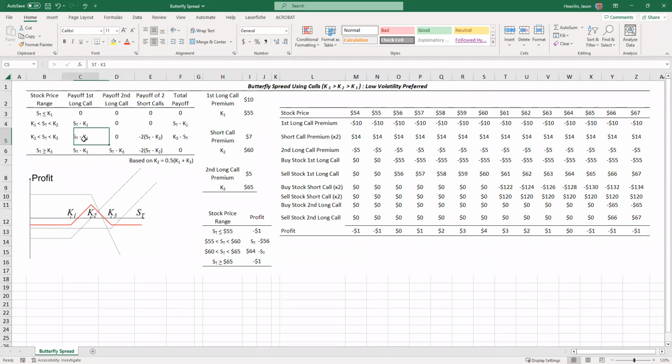Then we're left with negative K1 plus twice the K2. But when you net it out, you can summarize it as K3 minus the stock price.